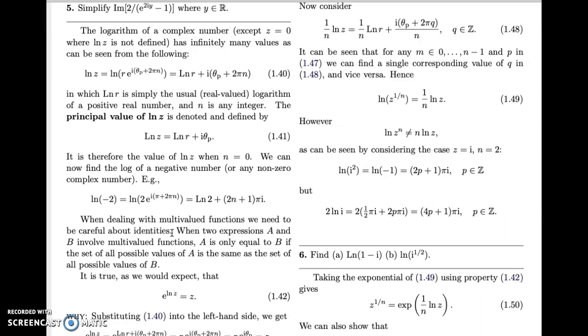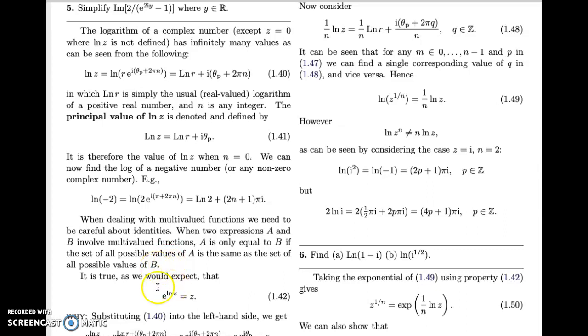So that's just something to watch out for. So we define that two expressions, a and b, which involve multi-valued functions such as log, are only equal to one another if the set of all possible values of a is the same as the set of all possible values of b.